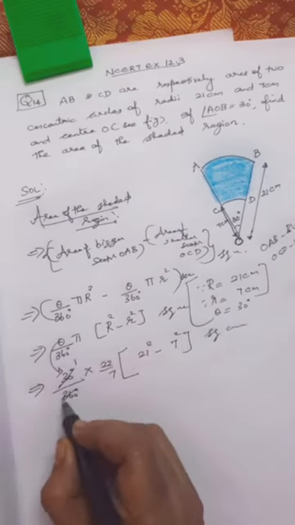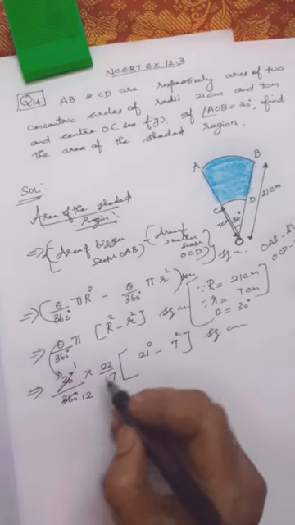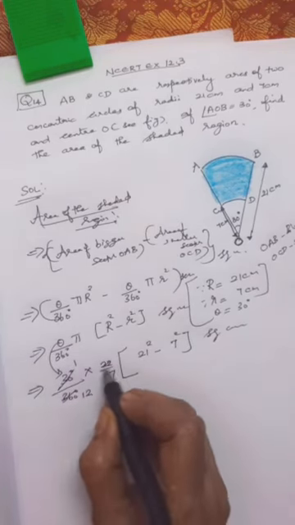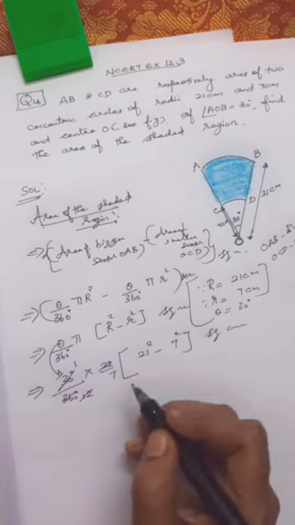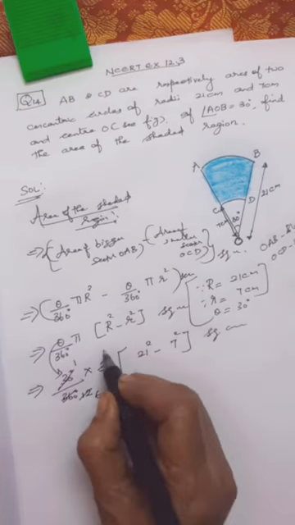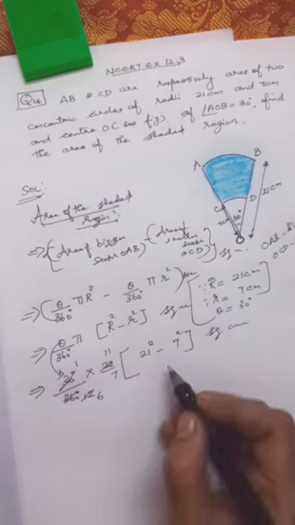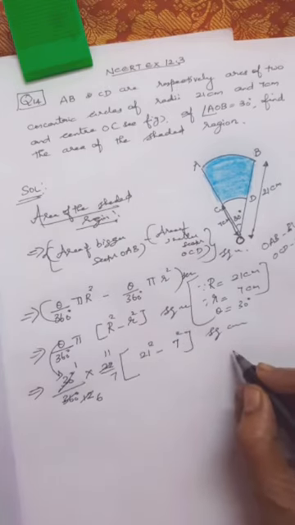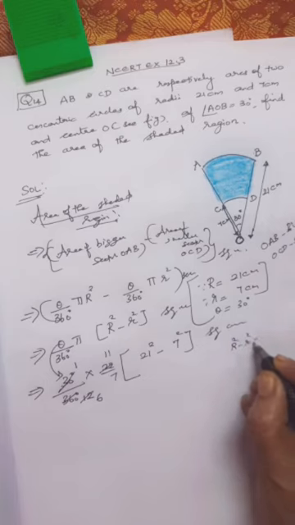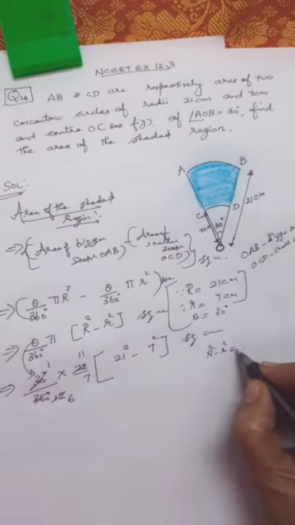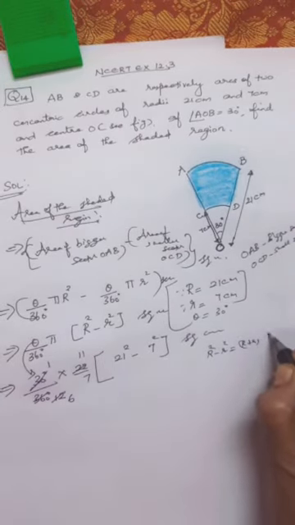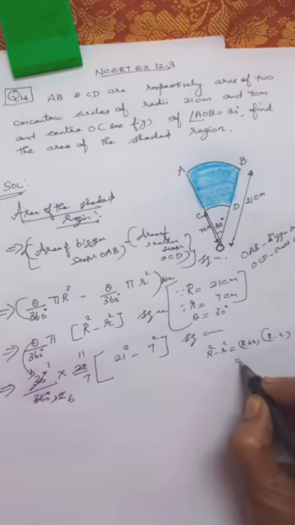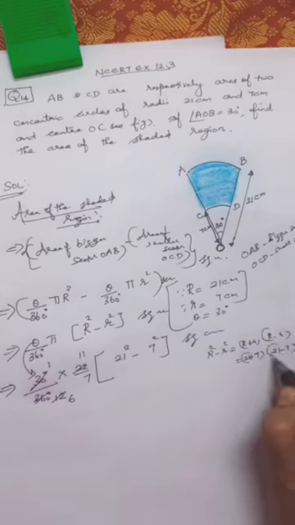30 ones are 30, 12s are 360. And here 12 and 22, 2 is a common factor, 2 6s are 12, 2 11s are 22. Okay. Now this 21 squared minus 7 squared, that is R squared minus r squared, we can write by making use of the algebraic identity, R plus r into R minus r, that is 21 plus 7, 21 minus 7.